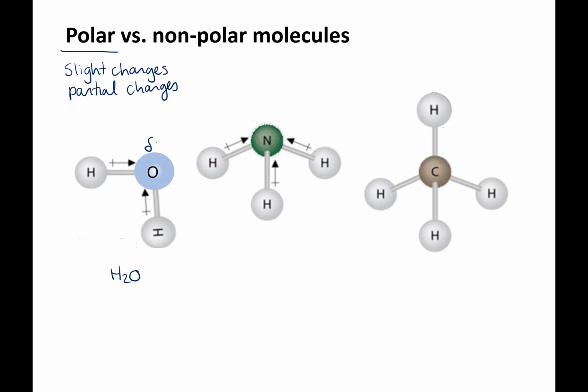Oxygen has a slight negative charge, excuse me, hydrogens have a slight positive charge, because oxygen likes to hold on to the electrons a little bit more than hydrogen does. This is chemistry that we didn't really get into, but I want you to understand why it has a slight charge. It's not an ion. It's not sodium plus. That's an ion.